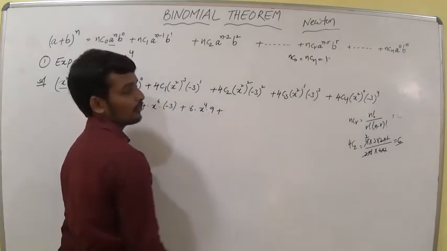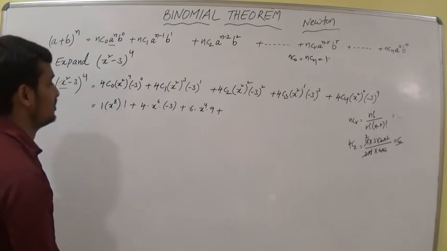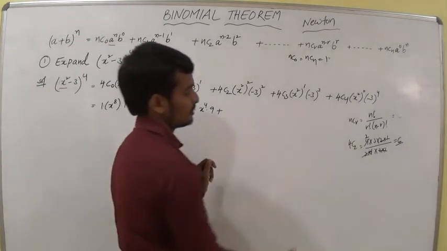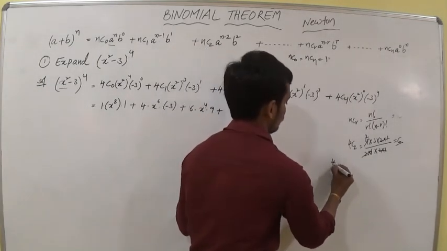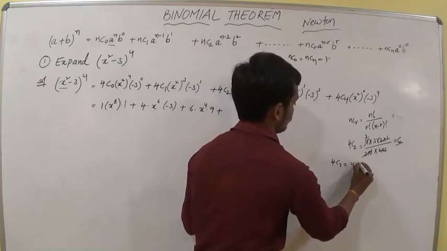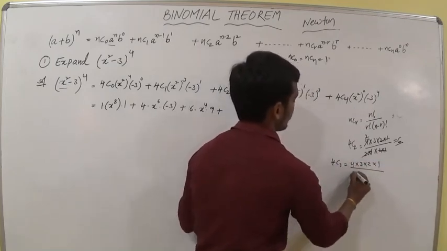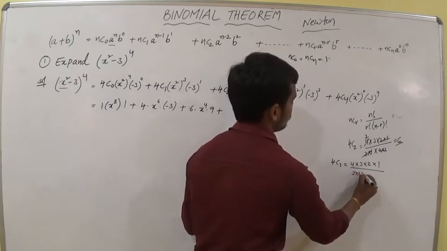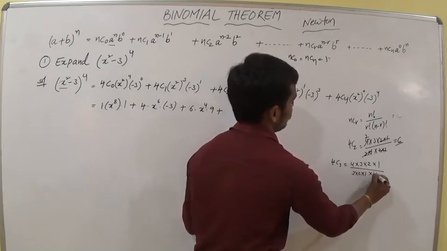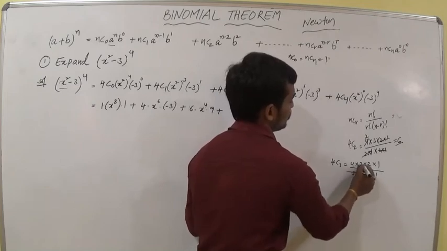Can we find the value of 4C3? 4C3 is equal to 4 into 3 into 2 into 1 by 3 factorial, 3 into 2 into 1, into 1 factorial. 3 into 2 into 1 are cancelled.